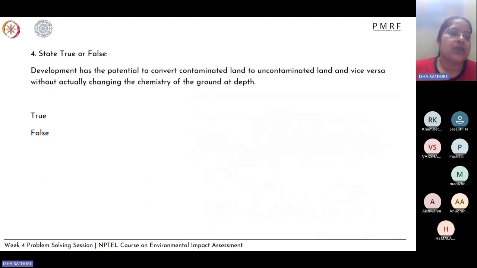Moving on. Development has the potential to convert contaminated land to uncontaminated land and vice versa without actually changing the chemistry of the ground at depth. Is this statement true or false? This is relating to soil and geology.